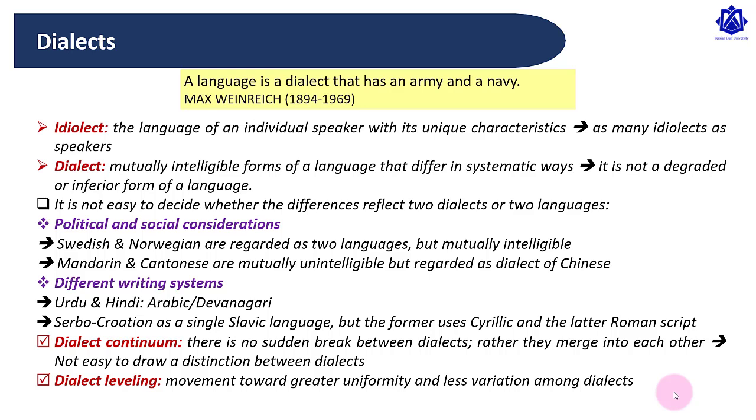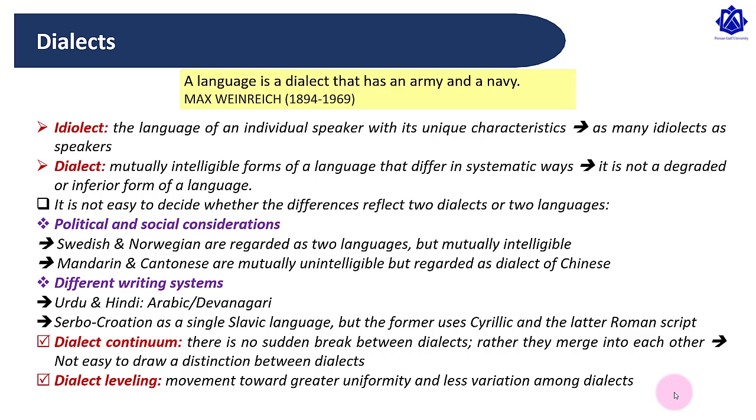We will talk about what makes a dialect a standard language. So any standard language is a dialect. Therefore, dialects are not degraded forms of a language. There's nothing bad or wrong with dialects, but dialects differ from each other in systematic ways.